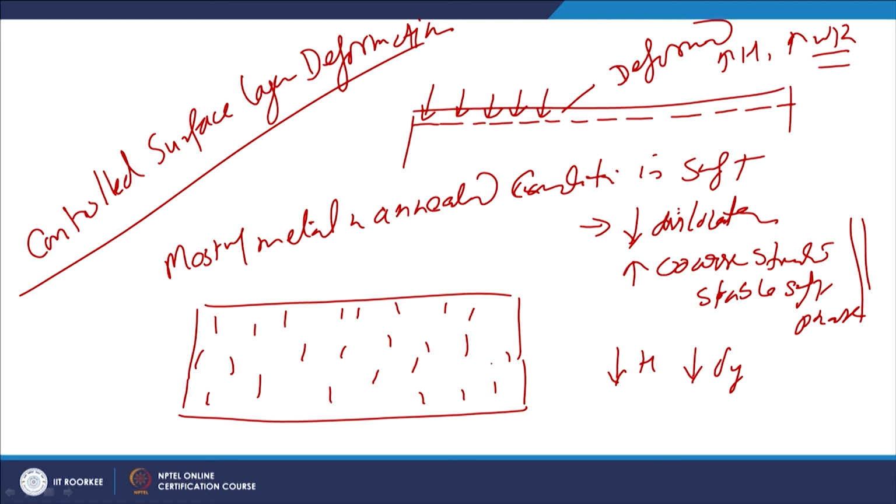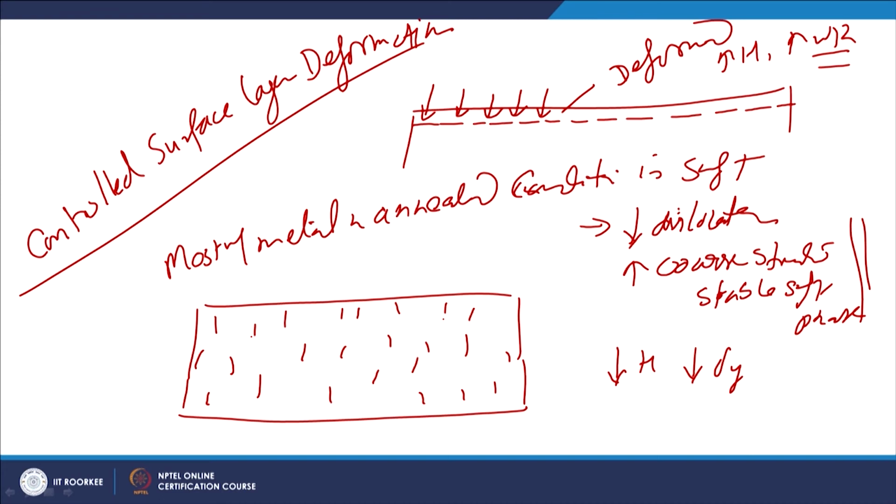So, the presence of few dislocations is good from the deformation point of view, but when the number of dislocations is increased significantly, then we find increased resistance to the movement of these dislocations, which in turn increases the yield strength of the metal.